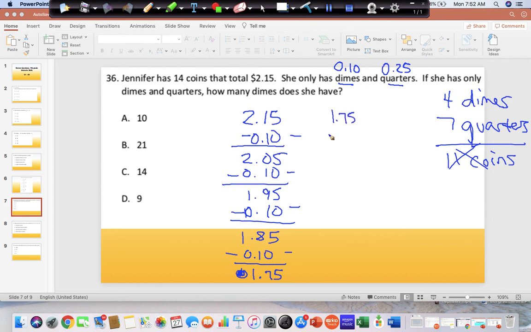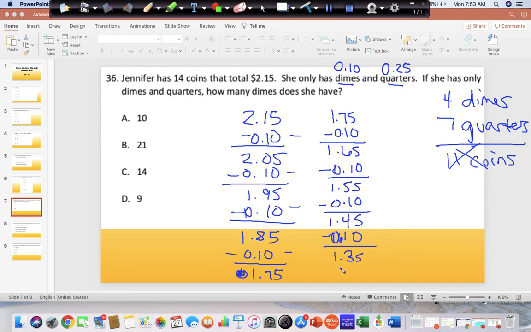So we're at 175. We're going to subtract another dime. That's 165, minus another dime, 155, minus another dime, 145, minus another dime, 135, minus another dime, and that's 125.